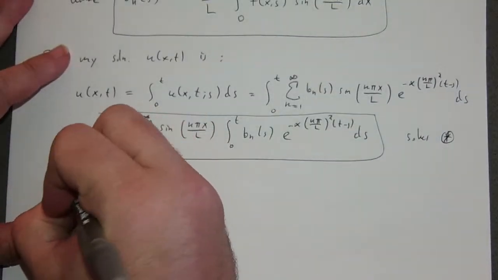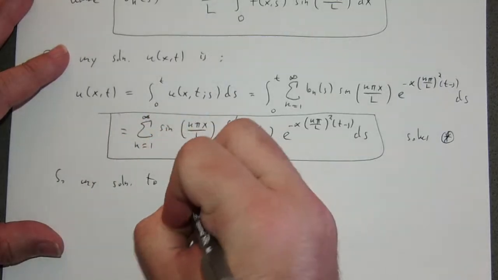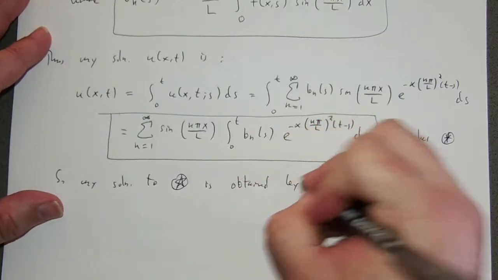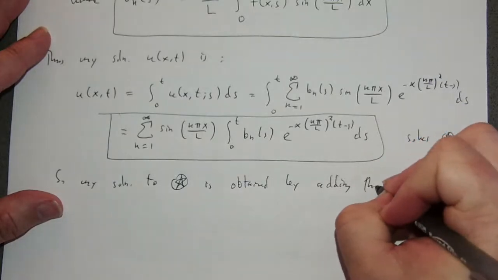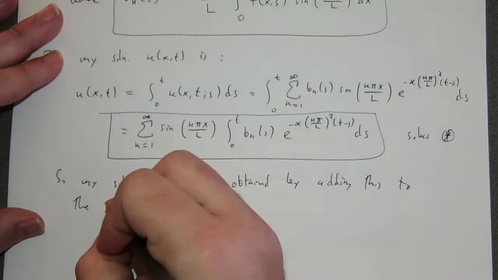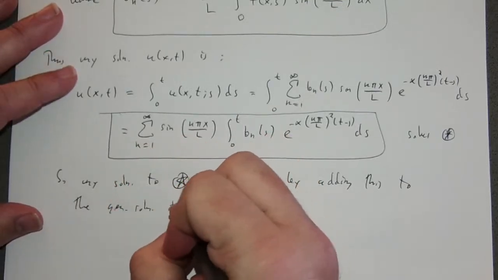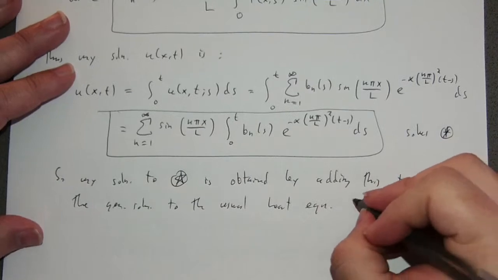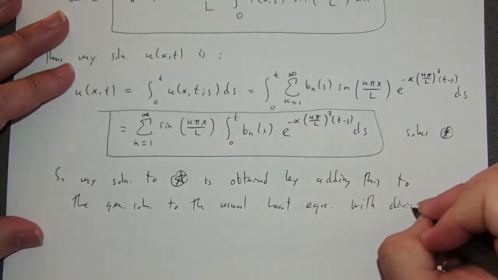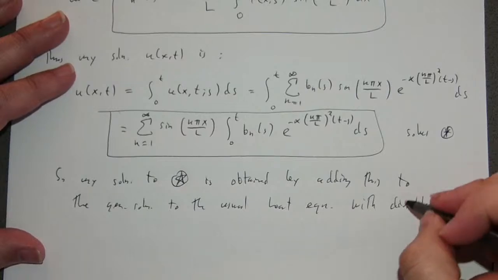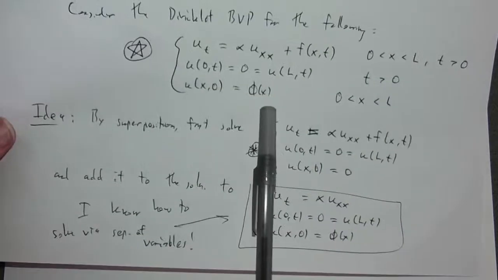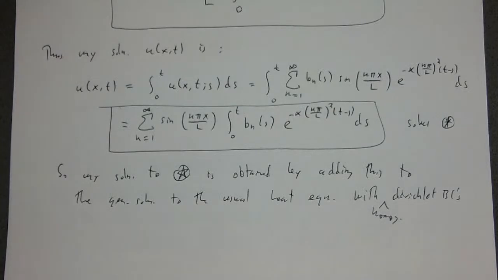So my solution to star is obtained by adding this to the general solution to the usual heat equation with homogeneous Dirichlet BCs and my initial condition, or my initial data function phi, sorry.